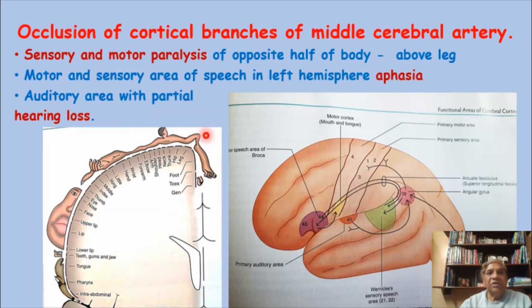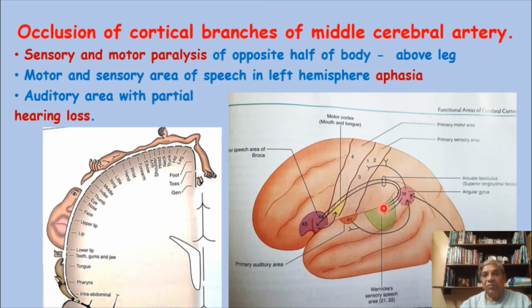So, the motor and sensory areas of speech. Let us come here, because this artery will also supply the motor area, that is Broca's area 44 and 45, the motor speech area. And here in the superior temporal gyrus there is Wernicke's area, the sensory speech area.